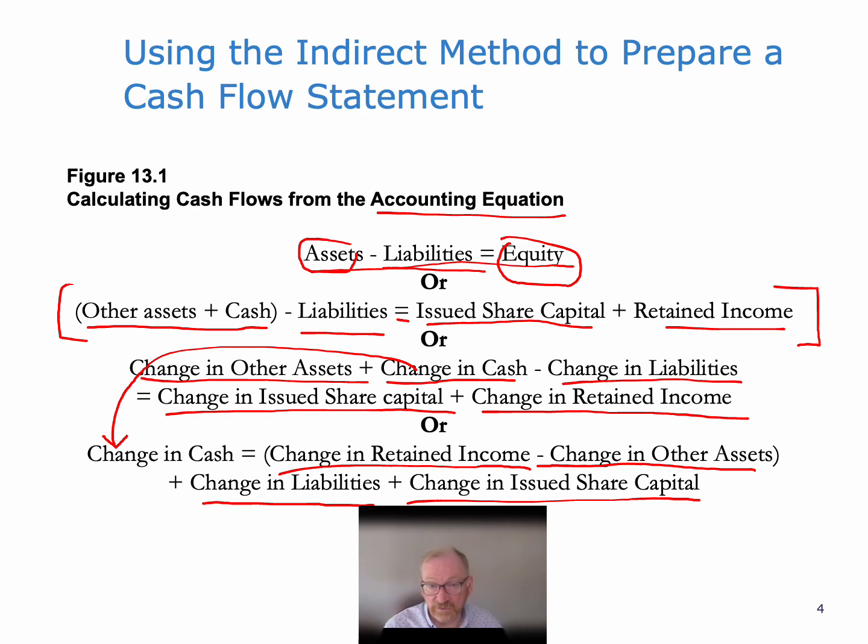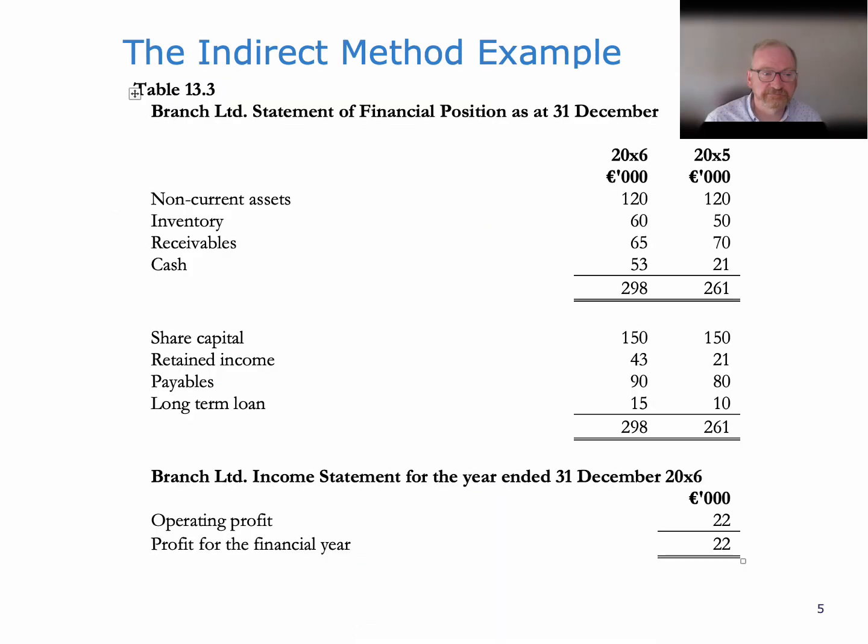And let's have a quick look at how this actually works in practice. So this is a balance sheet and an income statement for this company. What we're going to do now, we have no change in the non-current assets. Inventory has gone up by 10. Receivables have gone down by 5.